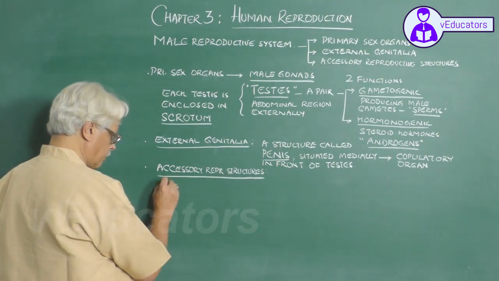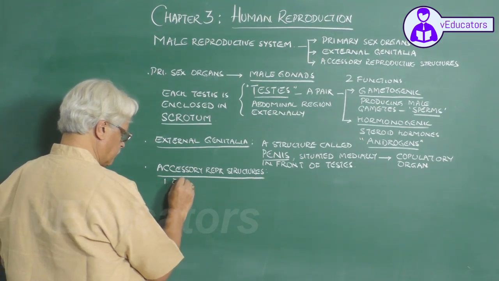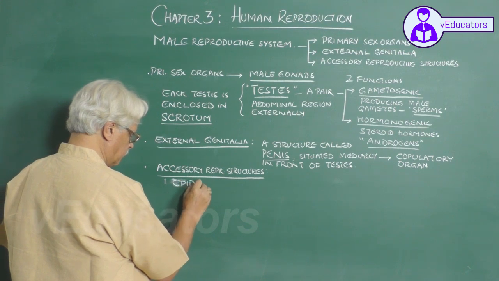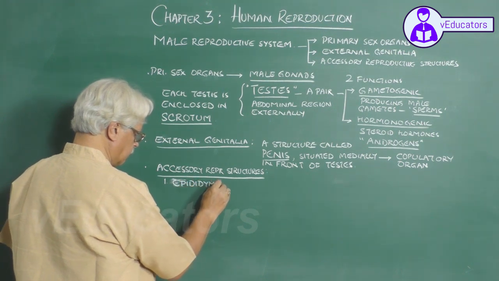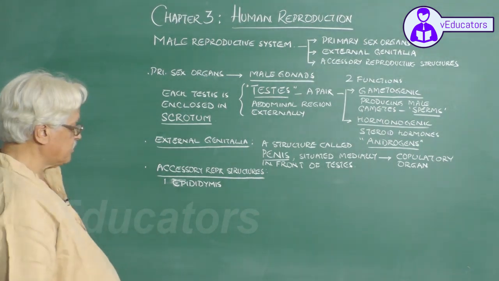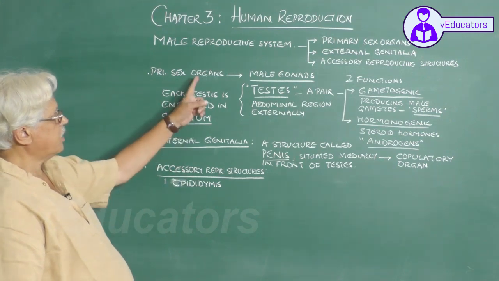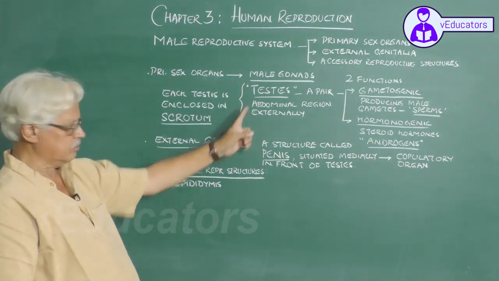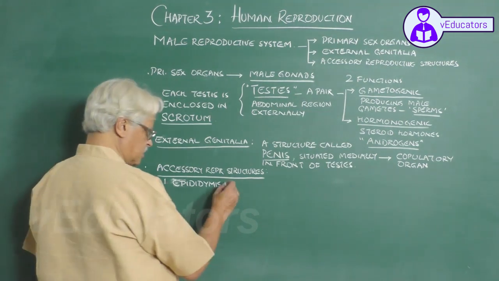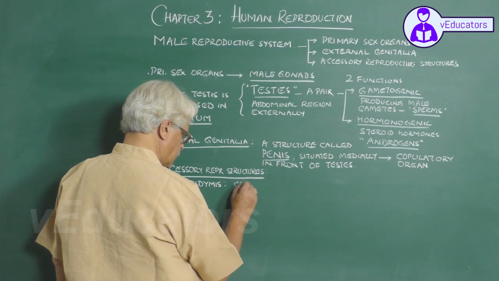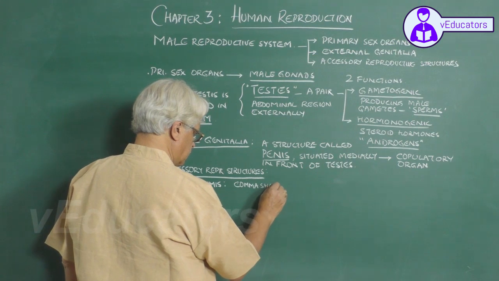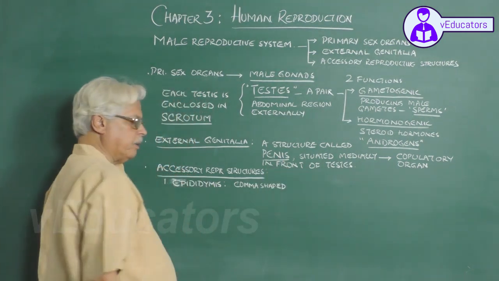Among them, one is a structure called epididymis. Attached to each testis, there is a comma-shaped structure called epididymis.